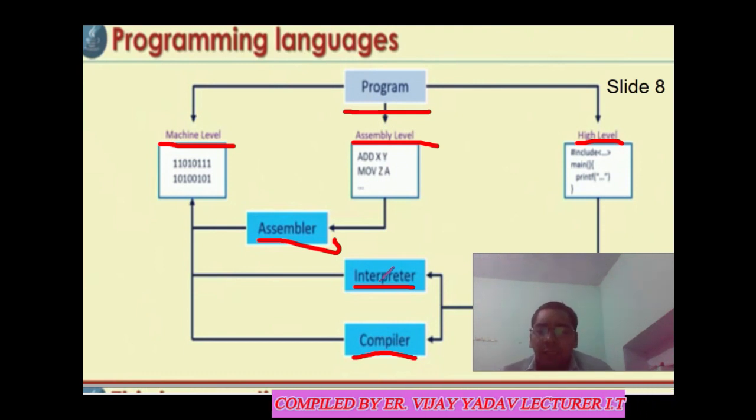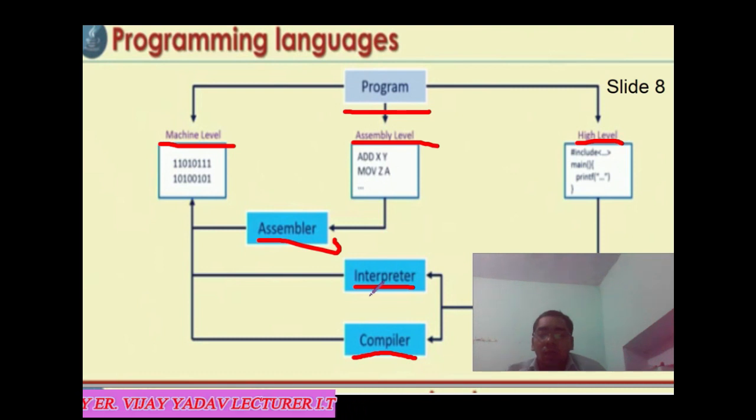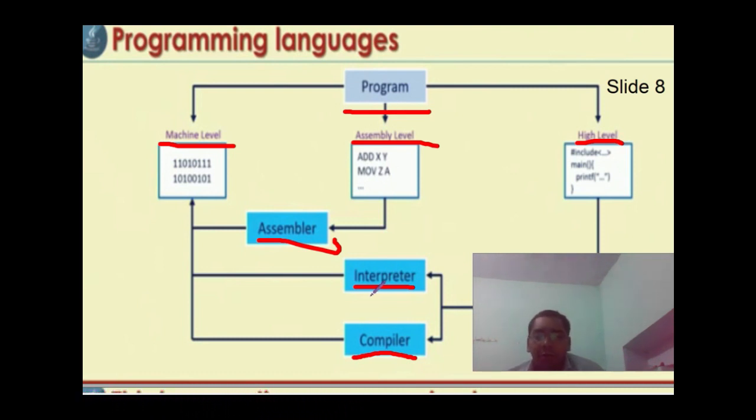The interpreter will translate one statement and then run it, then the next statement and run it, and on the way if it finds any error in the program, the execution will halt or it will just bypass the statement and proceed to the next statement.